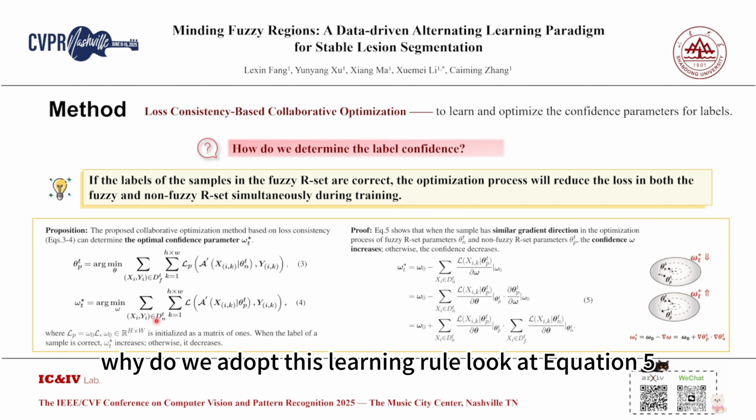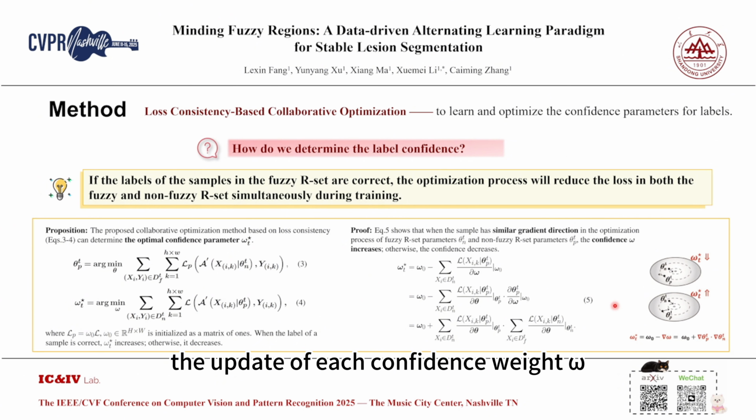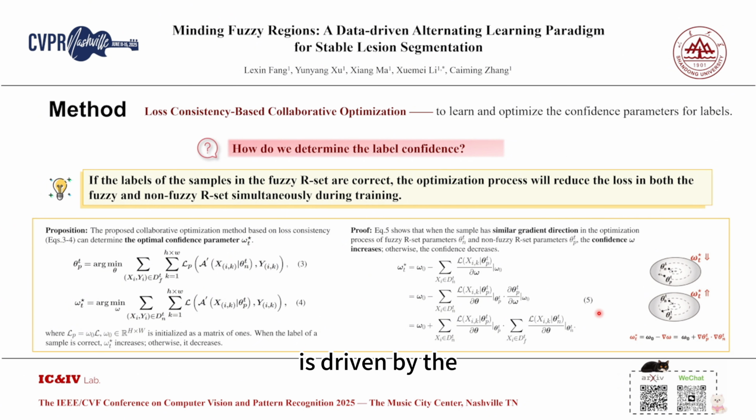Why do we adopt this learning rule? Look at equation 5. In gradient descent, the update of each confidence weight omega is driven by the inner product of two gradients, the gradient of theta_p^t and the gradient of theta_n^t.